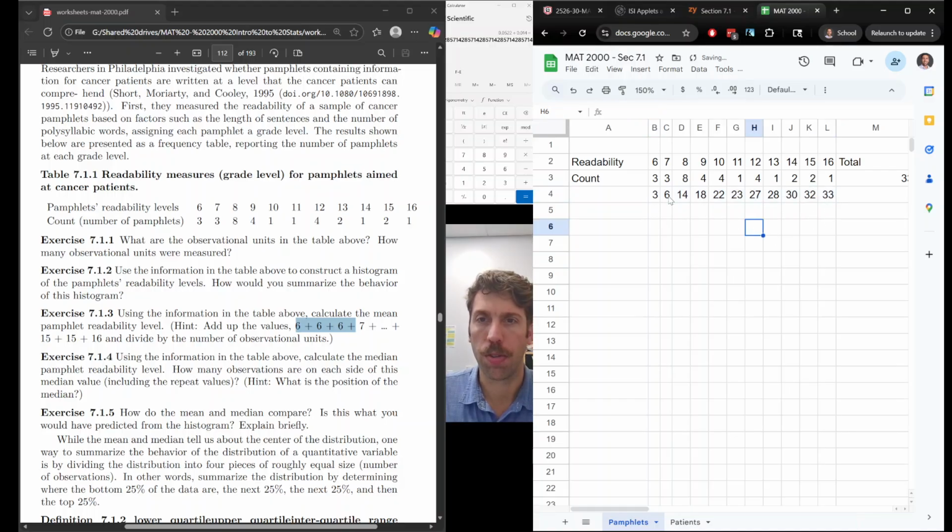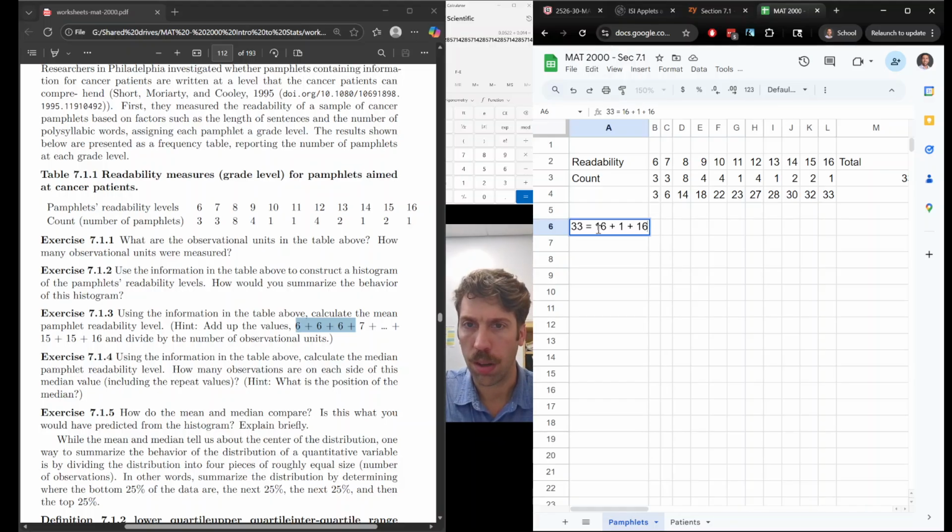Okay, so now it's doing, for any of these sums, the sum from B3 to that cell. So then there are 33 total, and 33 equals basically 16 plus 1 plus 16, right? So that makes the 17th element, the 17th pamphlet, the middle one.